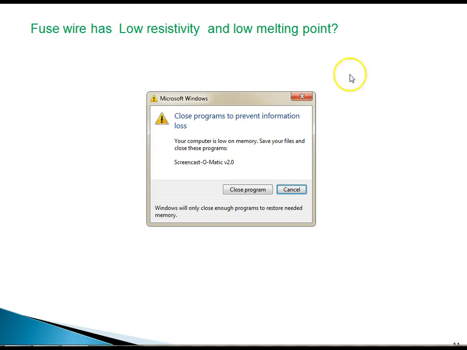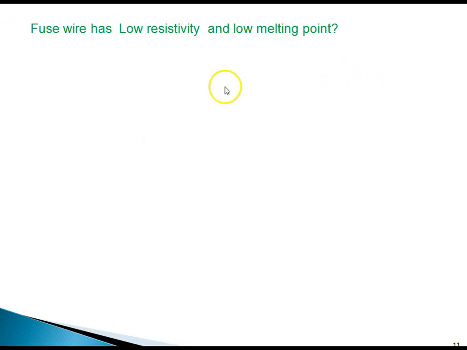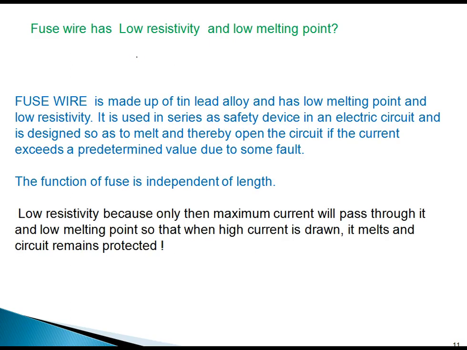Again and again I am giving you these questions so that it develops in your mind that fuse wire has low resistivity and the wire used in the geyser has high resistivity. Fuse wire is made of a tin and lead alloy and has low melting point and low resistivity. Low resistivity because only then maximum current will pass through it, and low melting point so that when high current is drawn it melts and the circuit remains protected.